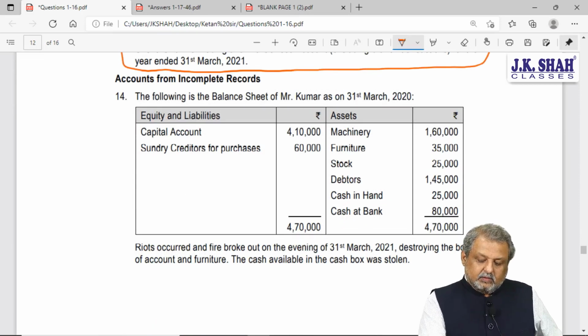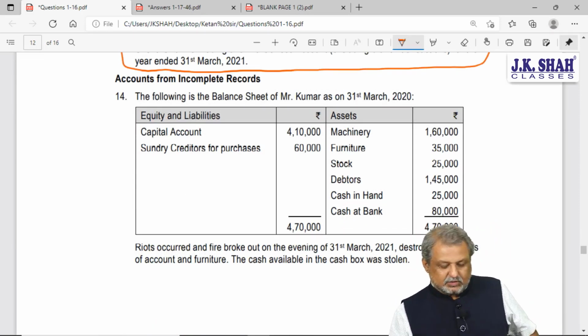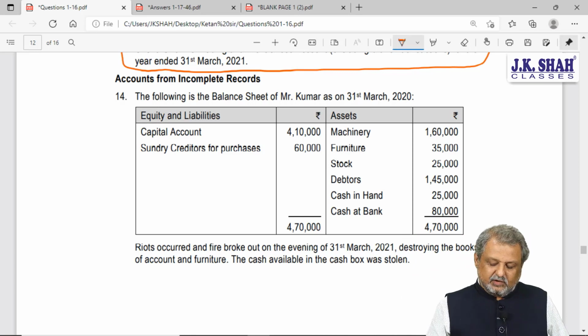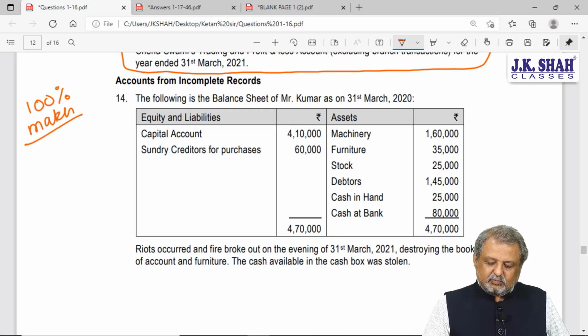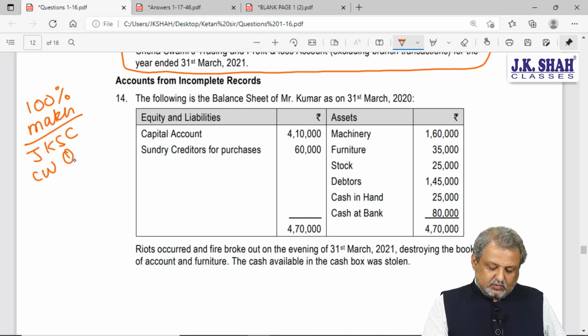Now the last question, on single entry. I would have loved to explain this, but it is a 100% match, except one or two figures, with JKSC classwork question 4.